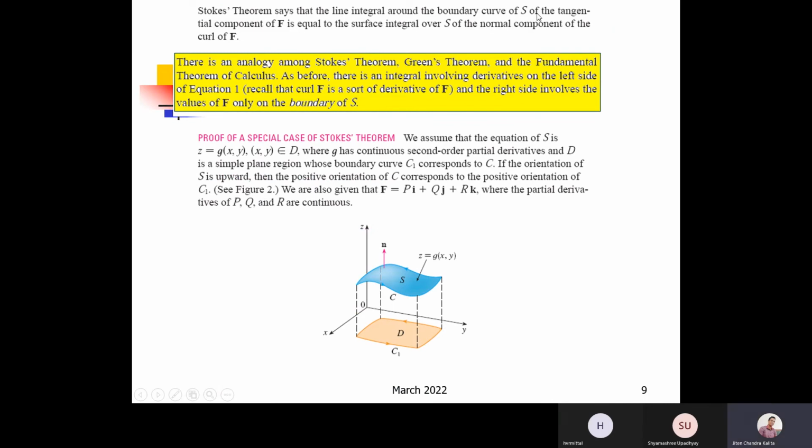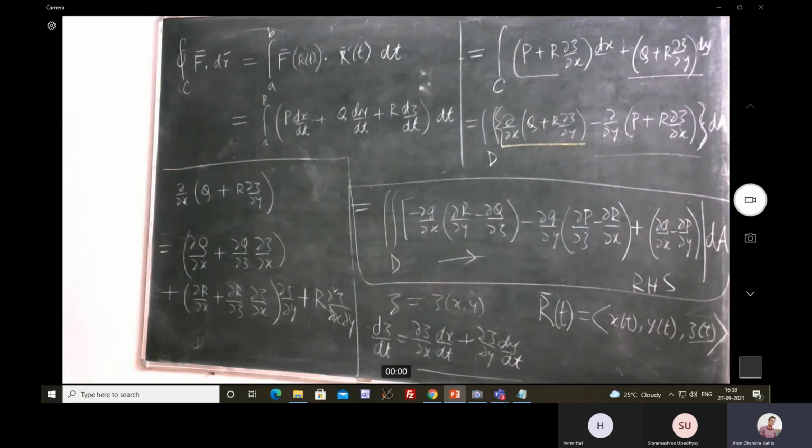Line integral around the boundary curve S of the tangential component of F is equal to the surface integral over S of the normal component of the curl of F. So this analogy I have already told you. Okay, and this proof I was doing only for situations like this. Okay, fine. So in my next class, I am going to do a couple of exercises for Stokes theorem.